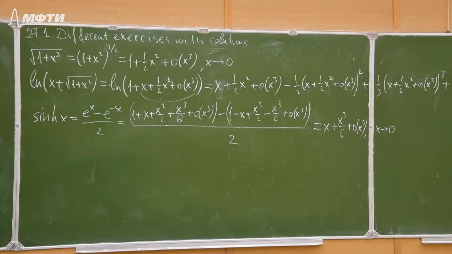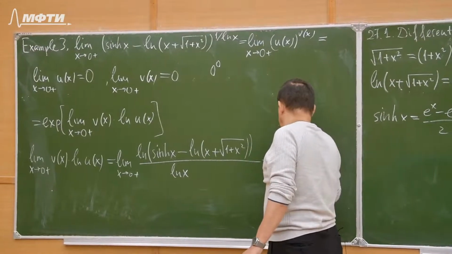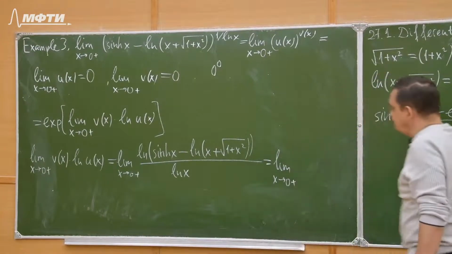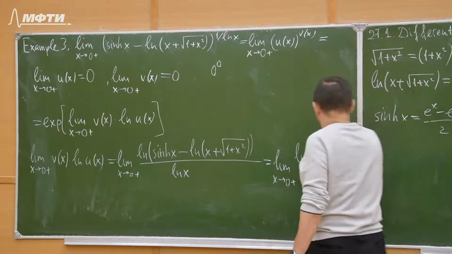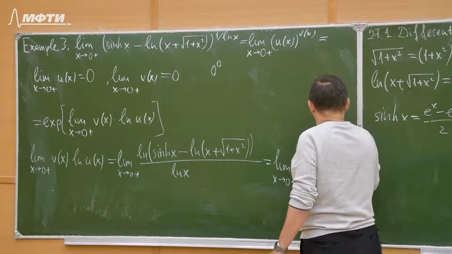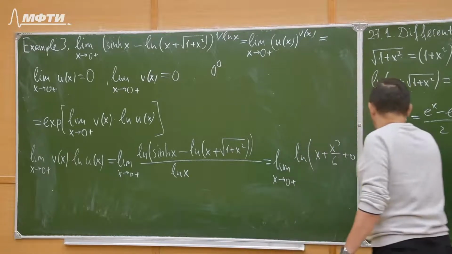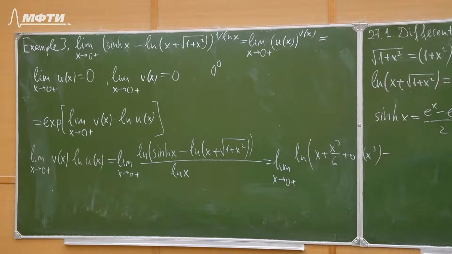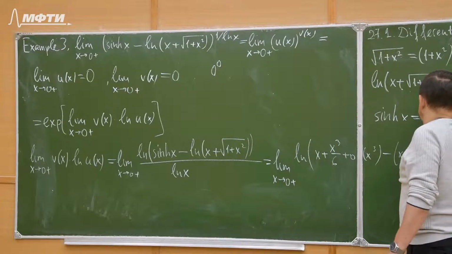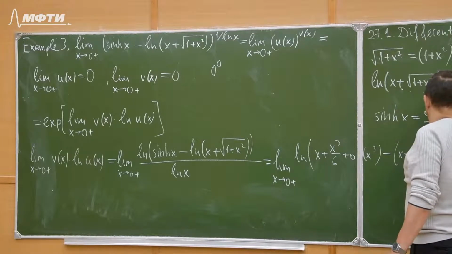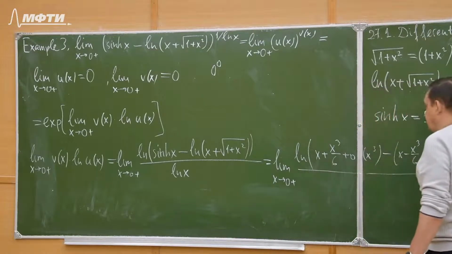So what we have is the limit as x tends to 0 plus of the logarithm of, substituting the expansions, x plus x cubed over 6 plus little o of x cubed minus, for the logarithm, x minus x cubed over 6 plus little o of x cubed, over logarithm x.